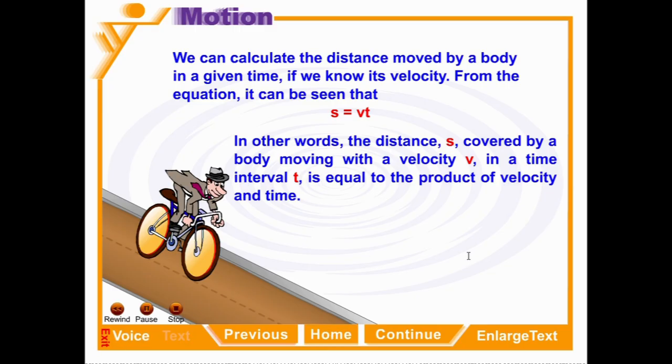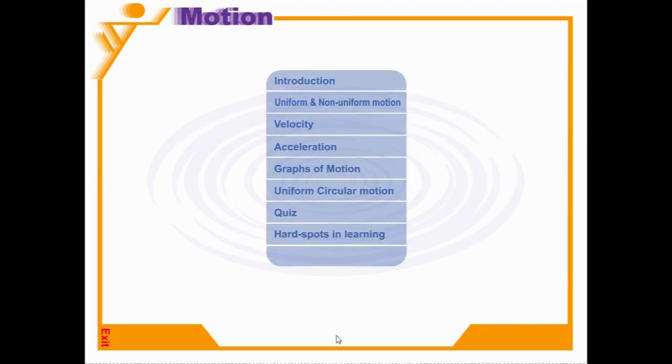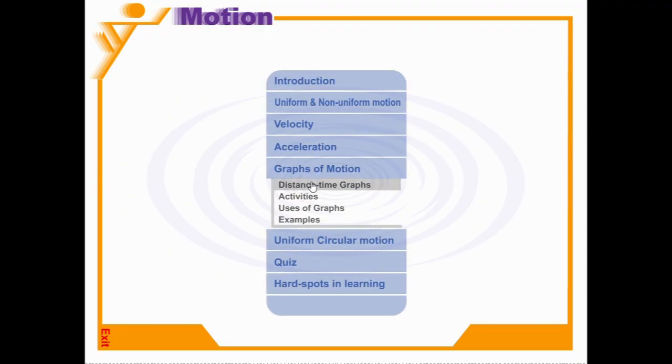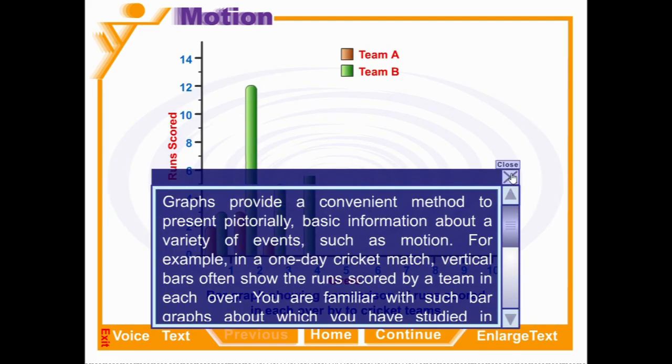We can calculate the distance moved by a body in a given time if we know its velocity. From the equation, it can be seen that S is distance time graphs.